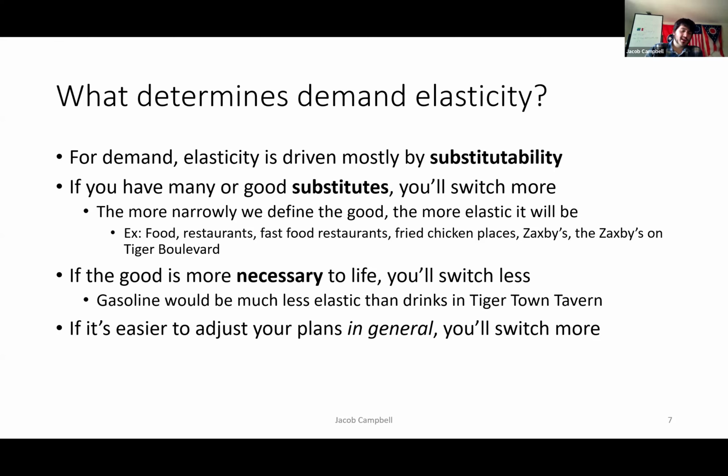We buy things not in isolation, but to go with other things. Or we have long-term purchases we can make. If it's easier to mix things up, if it's easier to find an alternative, then the demand is going to be more elastic.